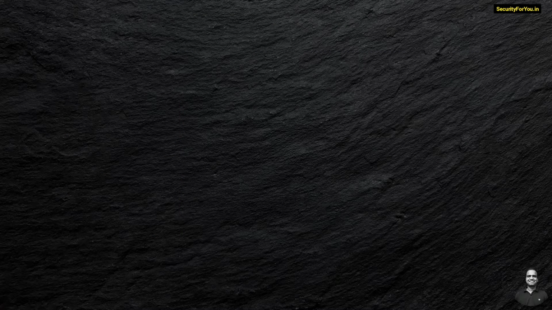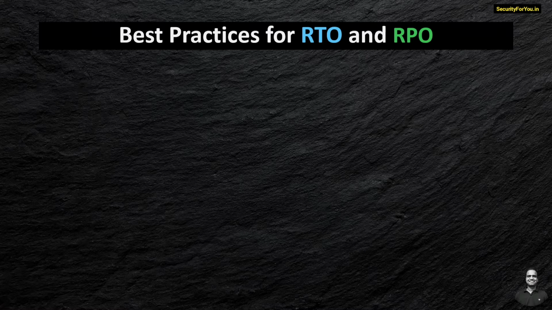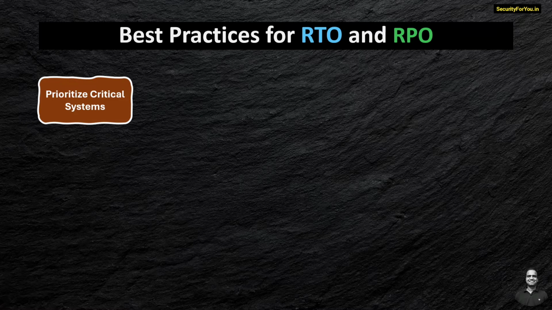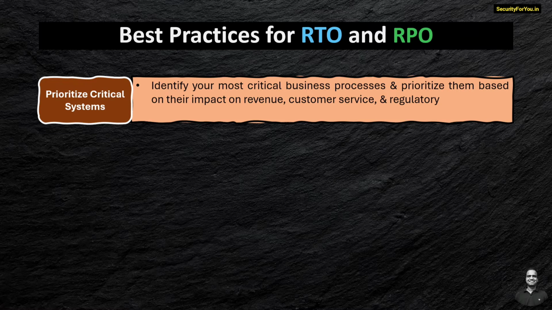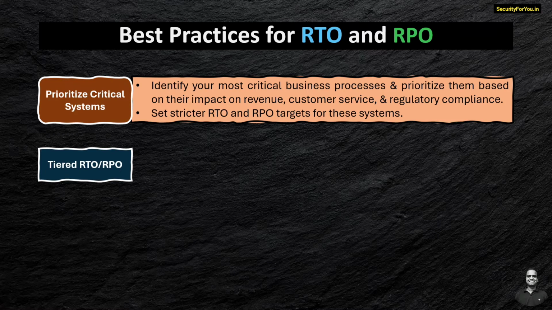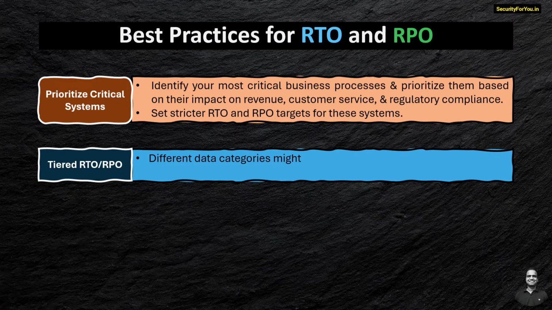What are some best practices for RTO and RPO? Identify your most critical business processes and prioritize them based on their impact on revenue, customer service, and compliance. Set stricter RTO and RPO targets for these systems. Different data categories might have different recovery needs.